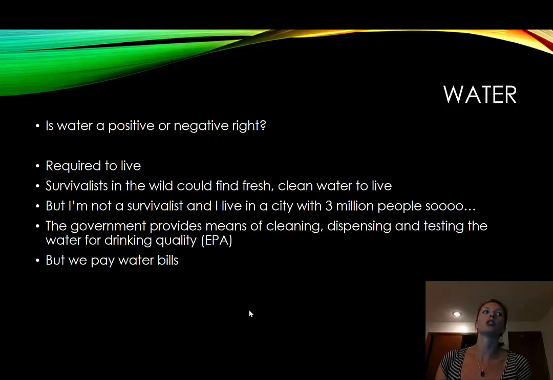Most of those countries are actually not even developed or first world countries. But they have acknowledged that because of extreme poverty, these people cannot actually pay for clean water access. Therefore, it has to be given to them, because if it is not, they will die, or at the very least, they will have incredible sickness.